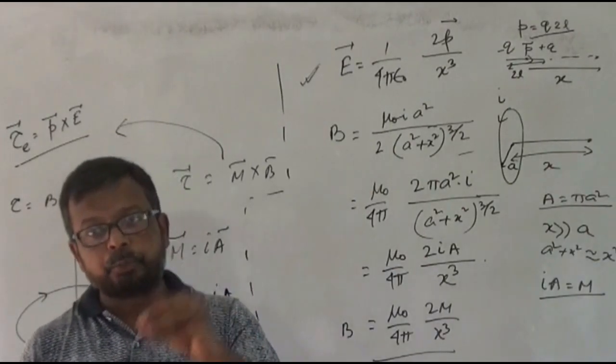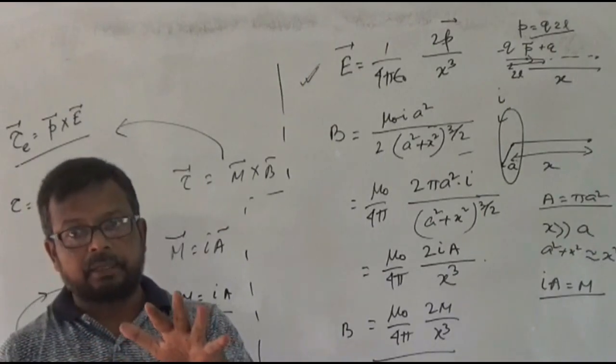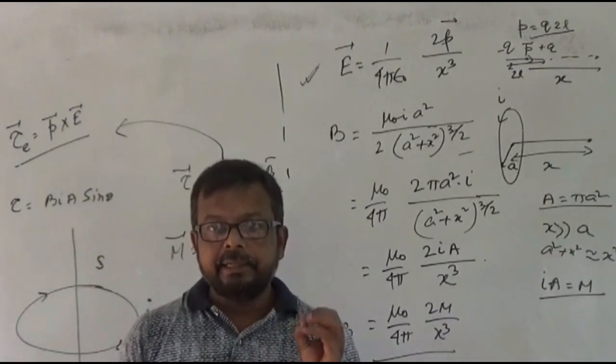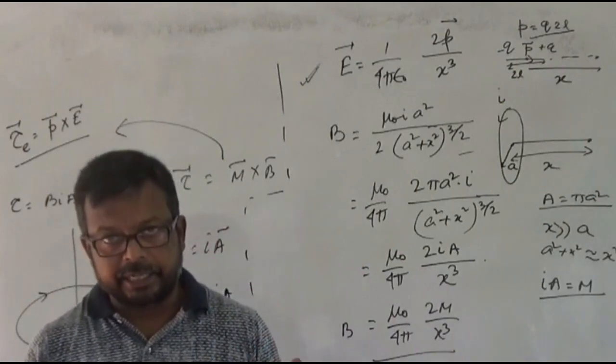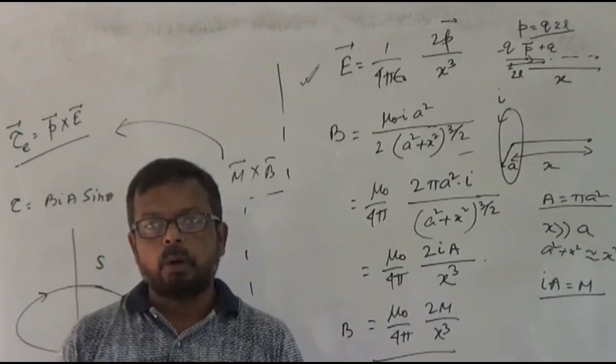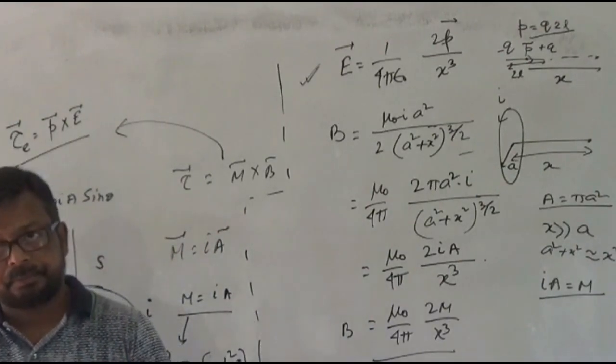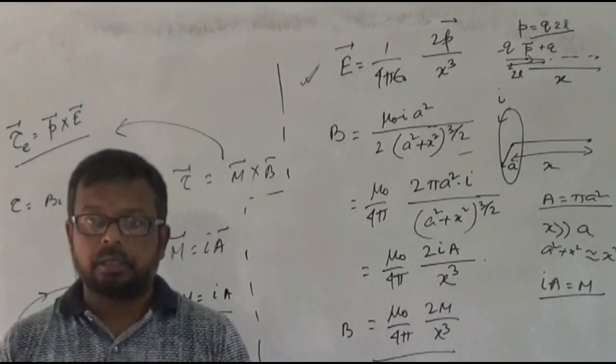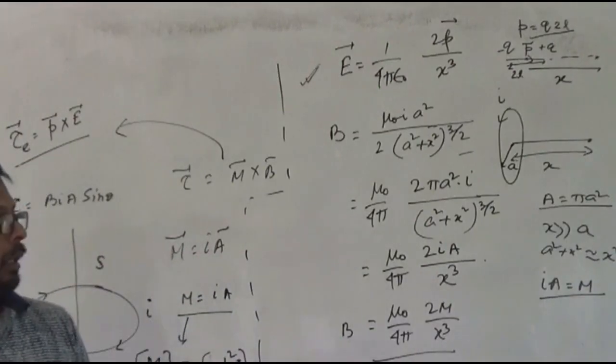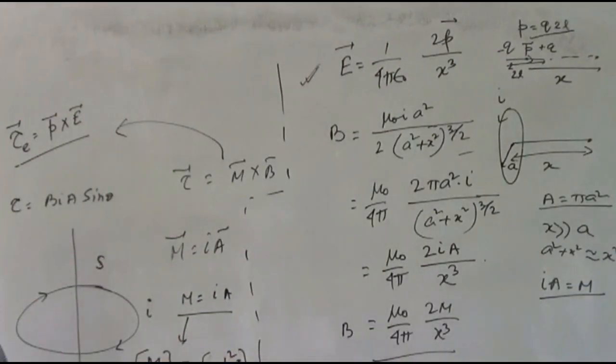No magnetic monopoles have been seen so far. However, elementary particles like electron, proton also carry an intrinsic magnetic moment. We are going to discuss the magnetic moment of an electron later.